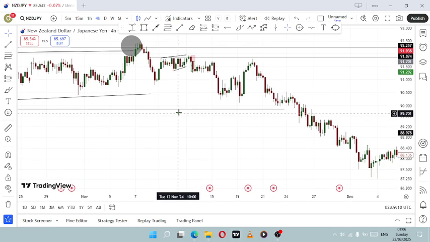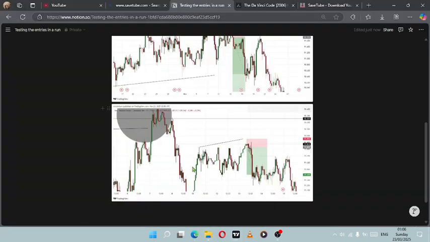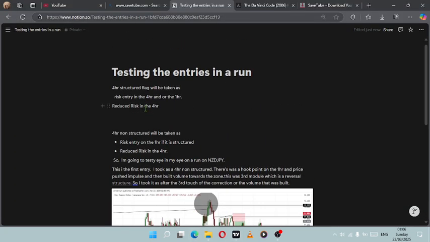If it is a 4-hour non-structured flag, what does the plan say? The plan says if it is a 4-hour non-structured flag, it will give us a risk entry on the 1 hour. If it is structured on the 1 hour, you will take it as a 1 hour structured flag, and you can take it as a reduced risk on the 4 hour.